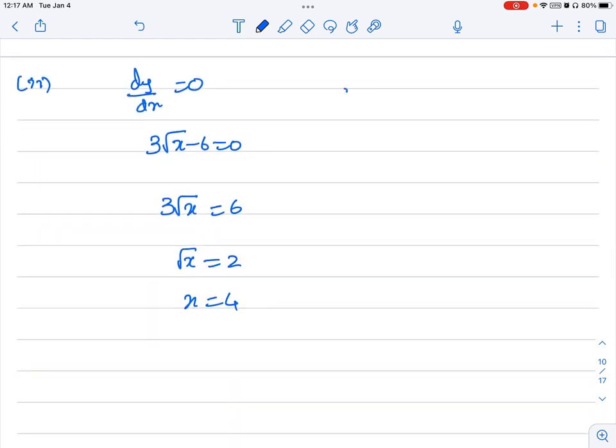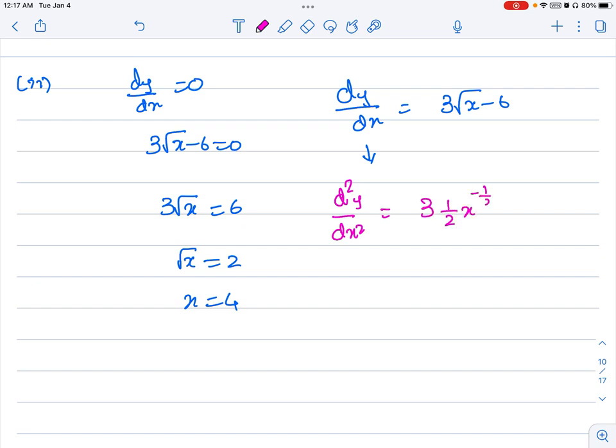Now he's asking what is the nature of the stationary point. So what am I going to do? We know that dy by dx is equal to 3 square root of x minus 6. So I find the second derivative. d square y by dx square is equal to 3 x to the power of 1 upon 2, derivative will become 1 upon 2 x to the power of 1 upon 2 minus 1, which is minus 1 upon 2; minus 6, derivative is 0. So it becomes 3 upon 2 square root of x.